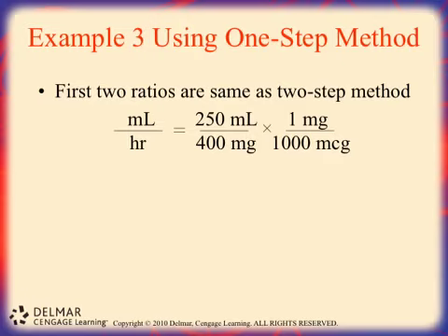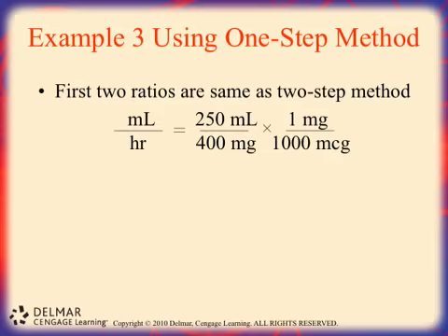Okay, now we can do the same problem using a one-step method, where our calculation of 3 micrograms per kilogram, with the 95.9 kilograms, is included in the long equation.